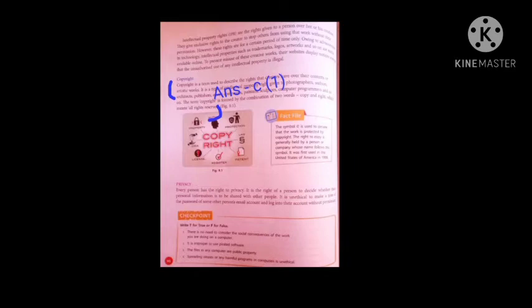Okay, now next we have to define software piracy. The answer is on page number 97 under the heading software piracy. Software piracy is the illegal copying, distribution, or use of software application.